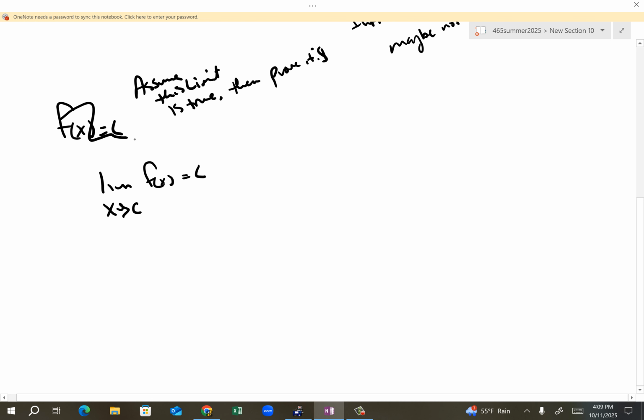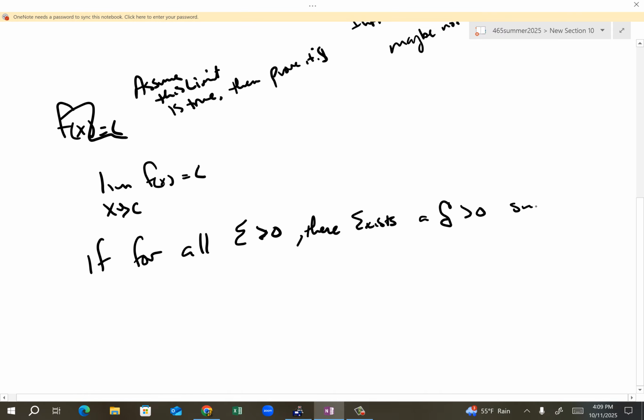Then for all epsilon greater than 0, there exists a delta greater than 0 such that the absolute value of f of x minus L, that is the difference in the y direction, is less than epsilon if the absolute value of x minus c, the distance from c, is less than delta.